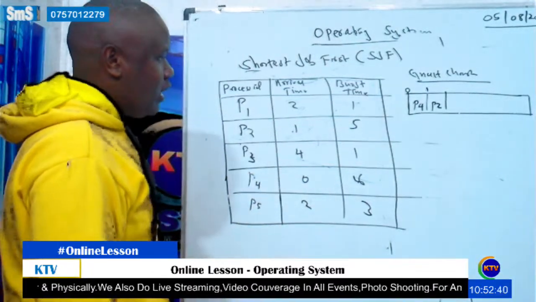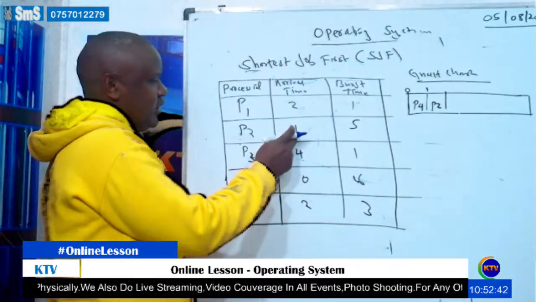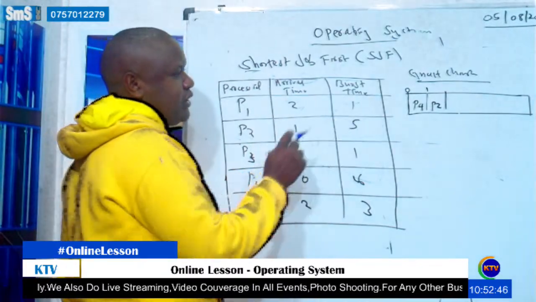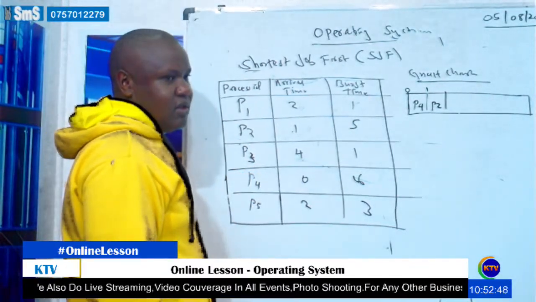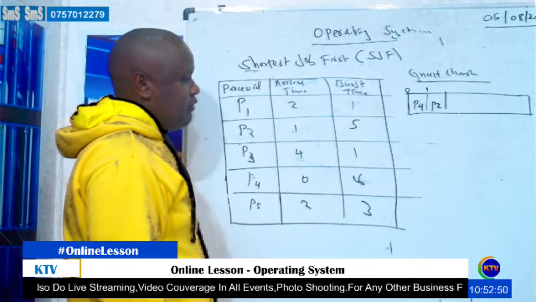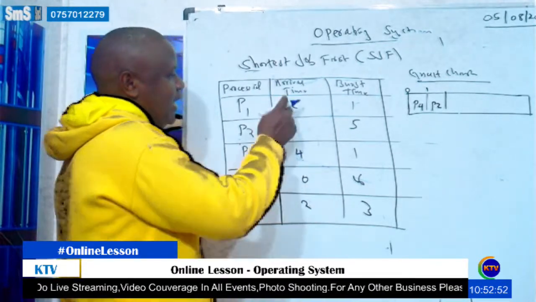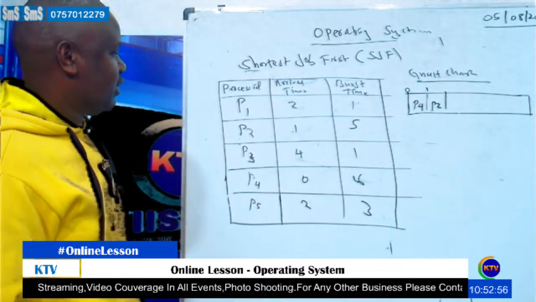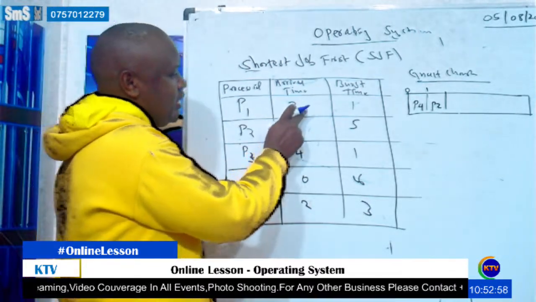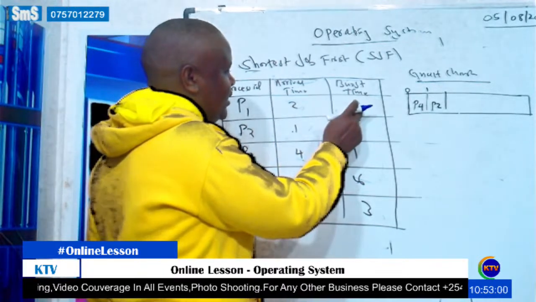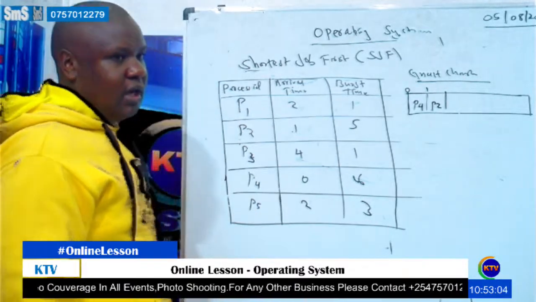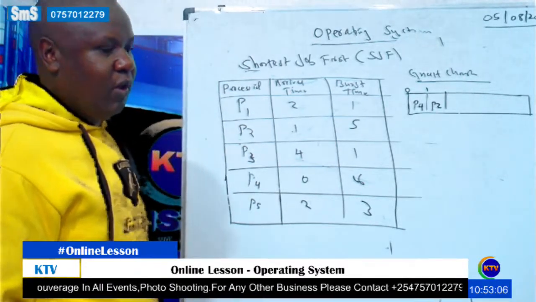So process 2 was to take how long? 5 minutes. When process 2 arrived, it was supposed to take how long? 5 seconds. But another process arrived, which was to take 1 minute, and process 3 arrived, which was to take another 1 minute.